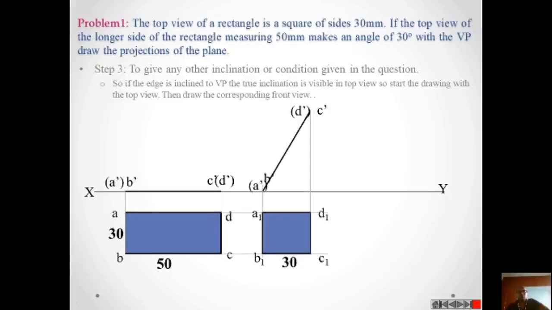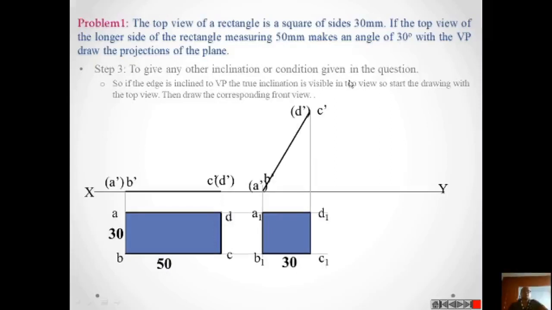Now next one is, he has mentioned the angle. Here the longer edge AD is making some angle. But here what is given? The top view of the longer edge.